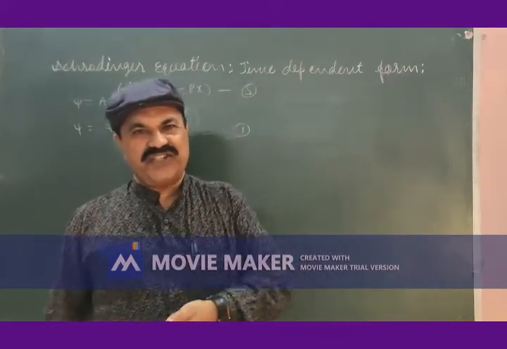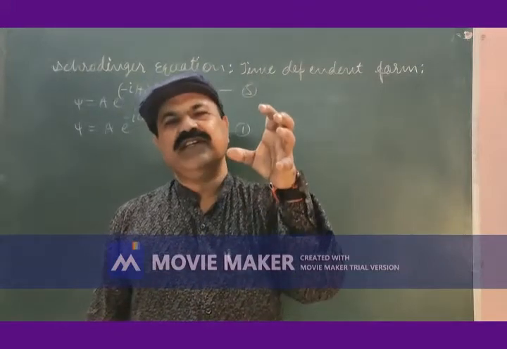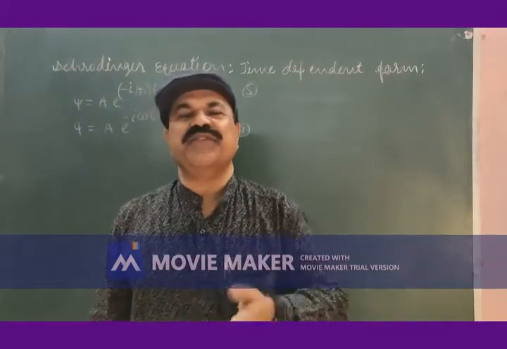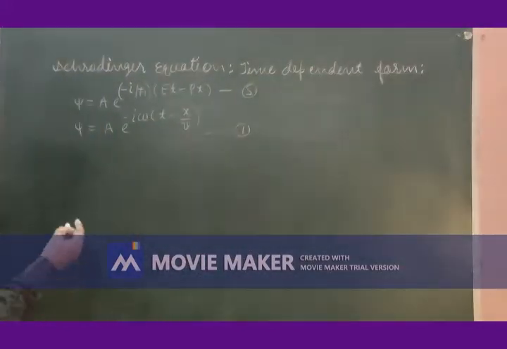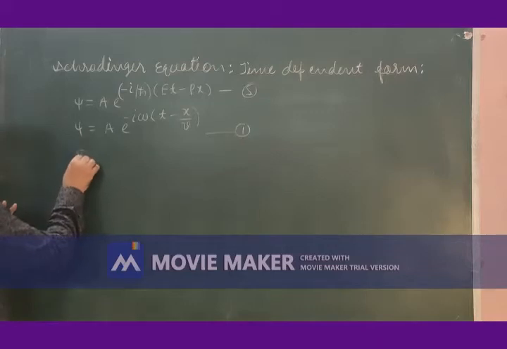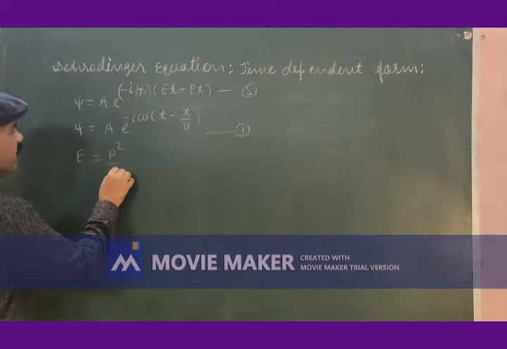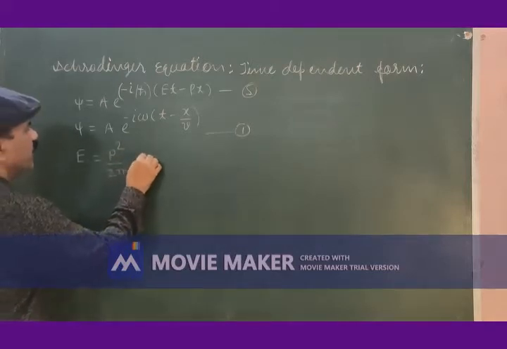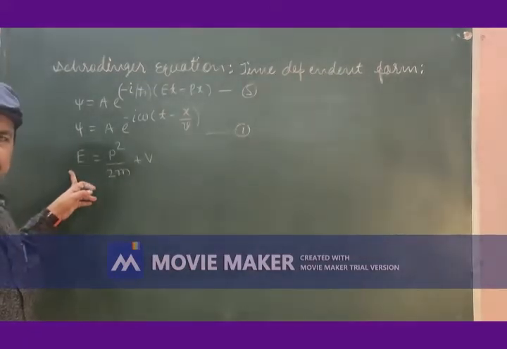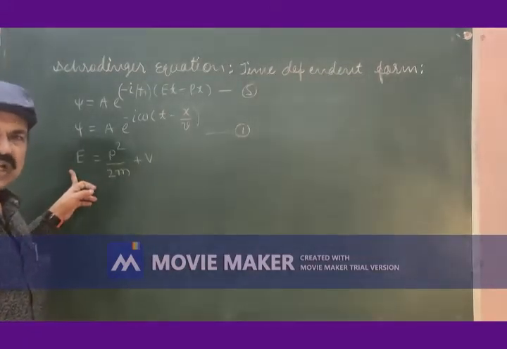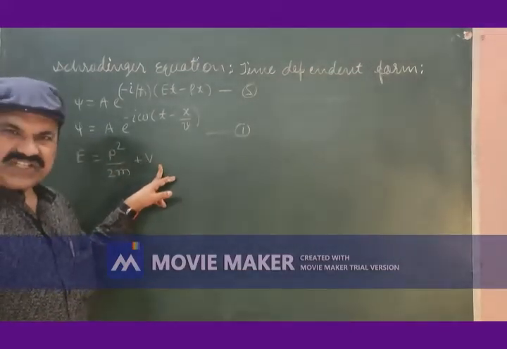The total energy of a particle performing a non-relativistic motion was found in the last lecture. We have taken total energy is equal to kinetic energy plus potential energy. We put their equations, and after some manipulation we got the equation for total energy: E is equal to p square divided by 2m plus V. E is the total energy of the particle performing non-relativistic motion, with its kinetic energy and its potential energy.